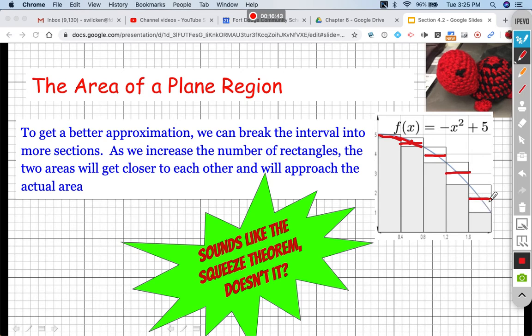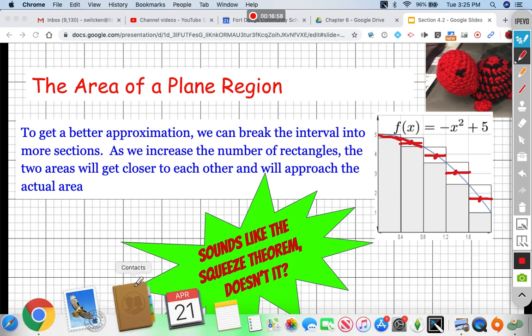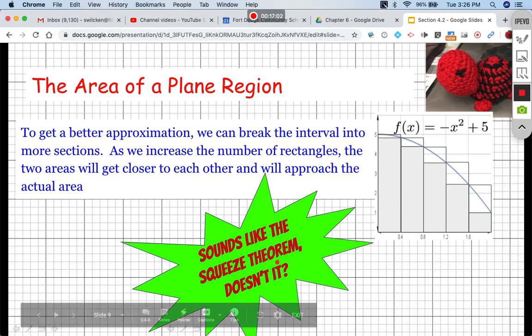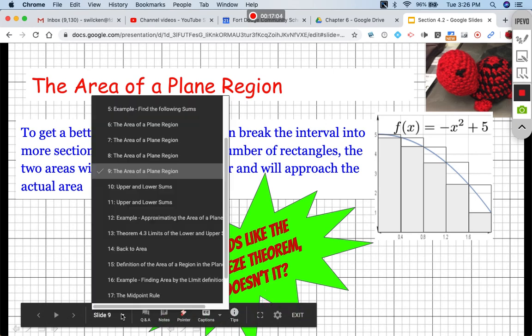And this little point that gets cut out is about the same as that one that's added on to it. And if we just use the midpoint here to find these rectangles and make them that way, you can get a lot closer approximation. And that's the idea of the midpoint rule.